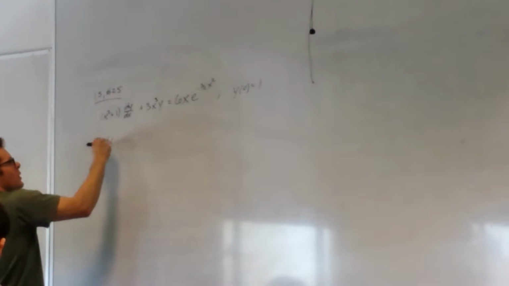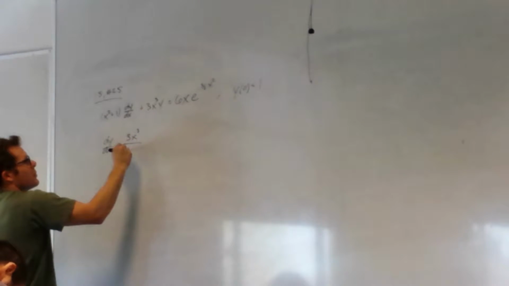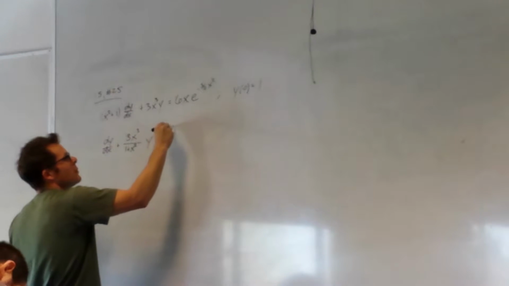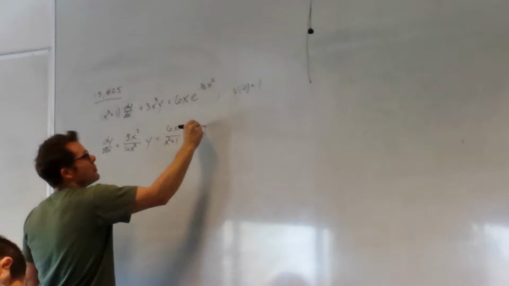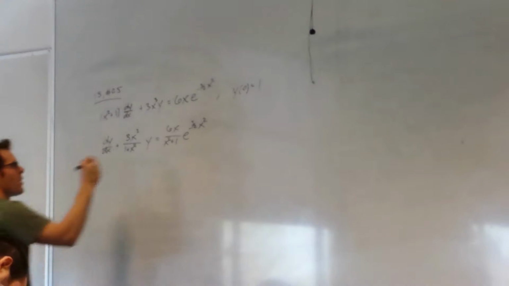All right, so this is about linear first order, so we're transforming this until we recognize that it's linear first order. If we divide through by x squared plus 1, I remember this one.